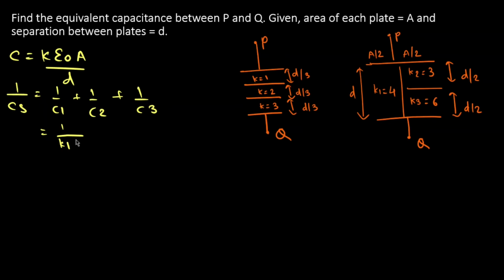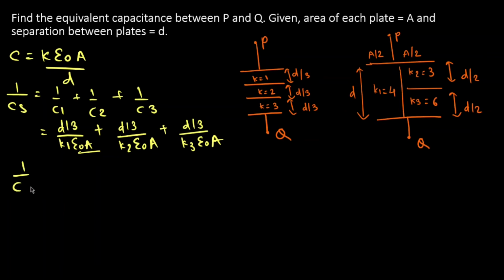So C1 is K1 times epsilon naught A, since the area of all the plates is the same, by D, and now D is D by 3. Similarly, for C2 this will be K2 times epsilon naught A by D by 3, and for C3 it will be K3 times epsilon naught A by D by 3.